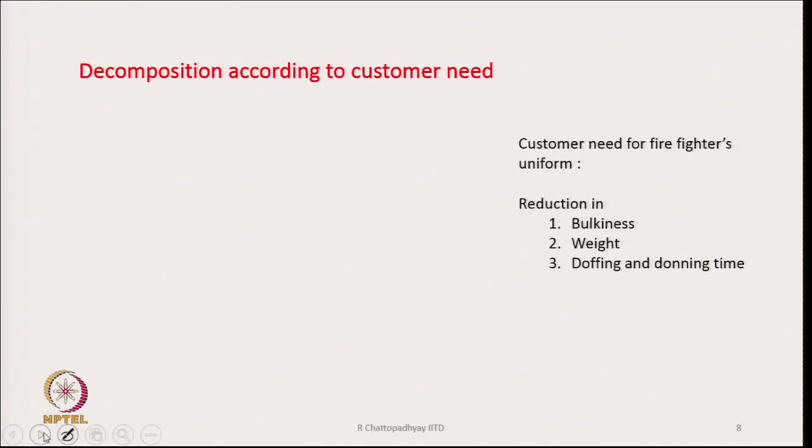So, let us say decomposition according to customer need. As an example, customer need for a firefighter's uniform.